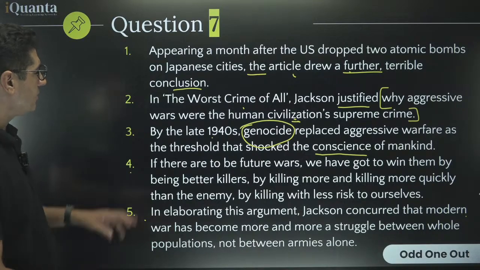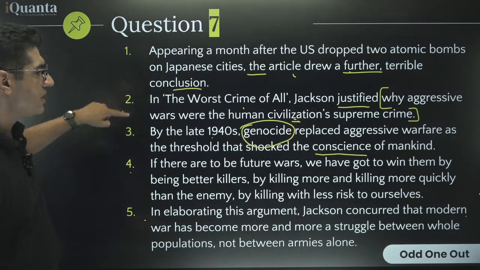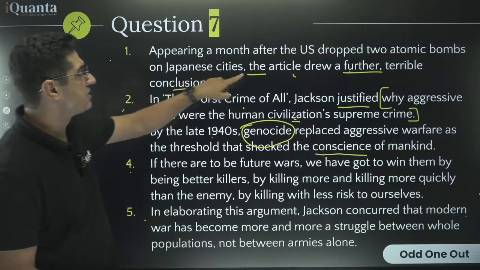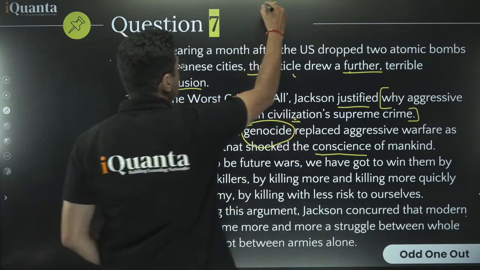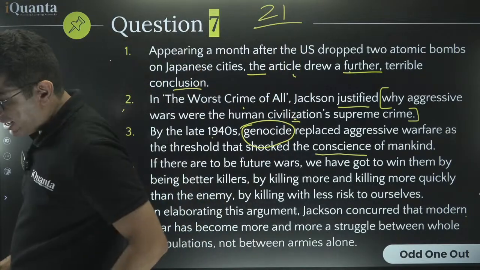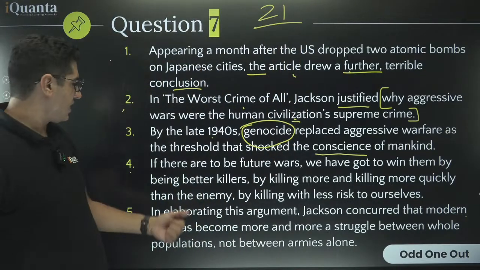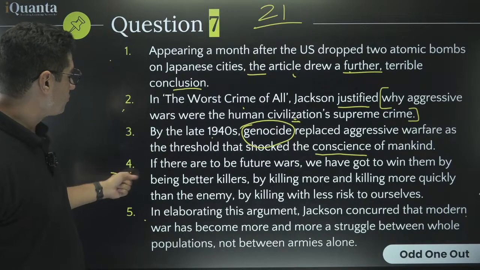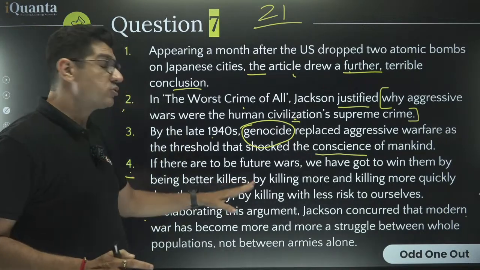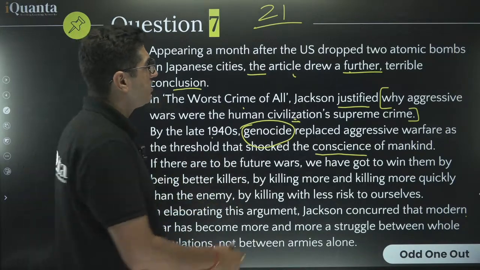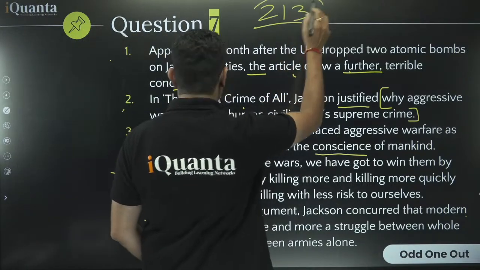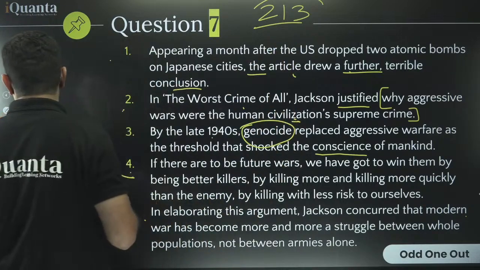So if I see 2 and 1 are getting connected because of this article, and further conclusion requires presence of a conclusion beforehand, so I'd probably put in 2-1. Then after this 2-1, you realize that this further conclusion is fourth. In the future warfare, you need to kill more, kill them faster and protect yourself. So that's your conclusion. So 2-1-4, not 3.